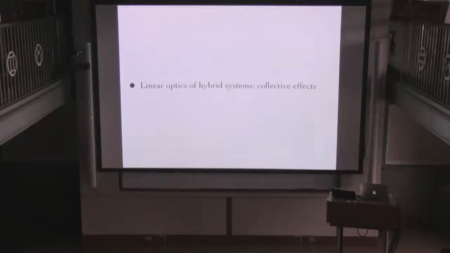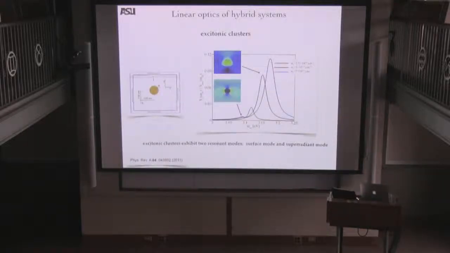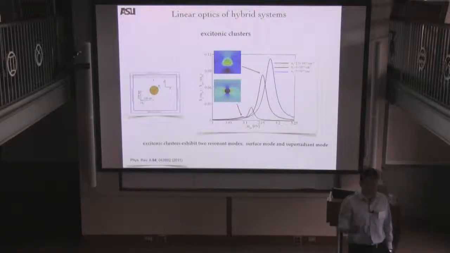Okay, now the first test for the theory is to try to explain that third resonance feature that I mentioned a few minutes ago. So what we want to look at first is a very simple exercise, an excitonic cluster: a cluster comprised of interacting emitters with no plasmons yet.